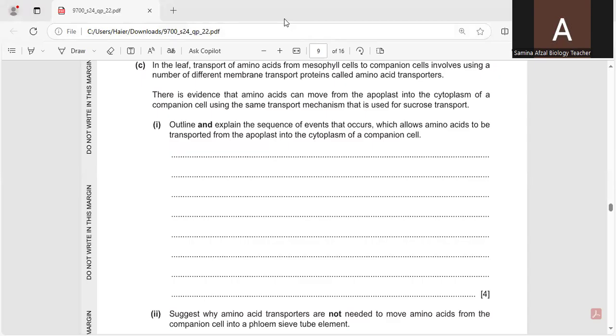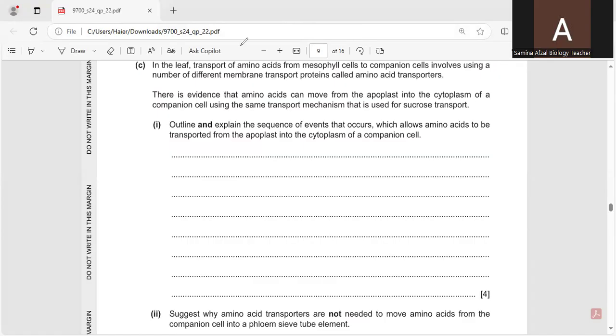There is evidence that amino acids can move from the apoplast into the cytoplasm of a companion cell using the same transport mechanism that is used for sucrose transport.